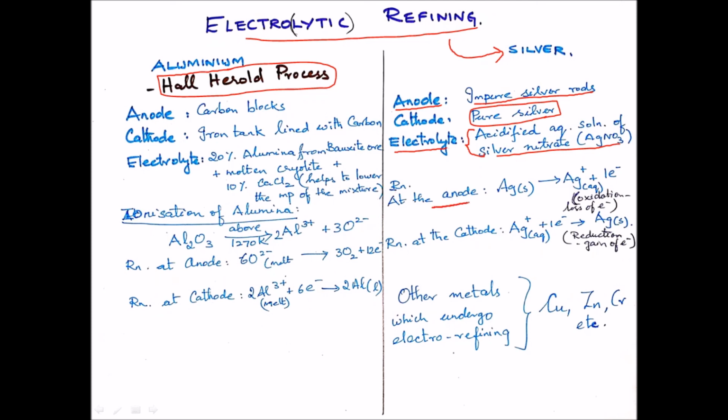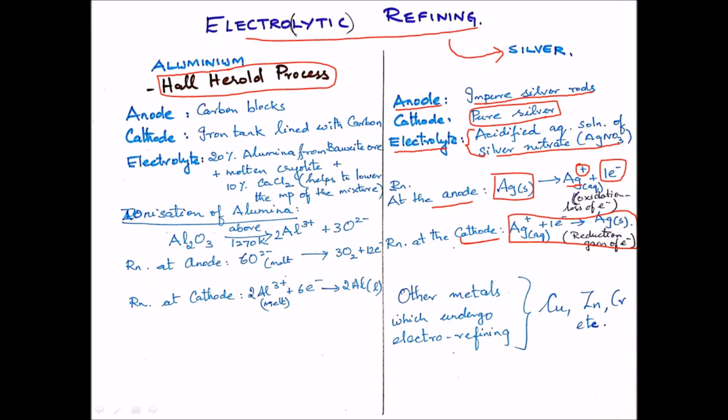At the anode, the positive electrode, where oxidation occurs, Ag in the solid state gets oxidized to silver ions, which go into solution by losing electrons. The positively charged silver cations migrate towards the cathode, get discharged by gaining electrons and get deposited on the cathode.